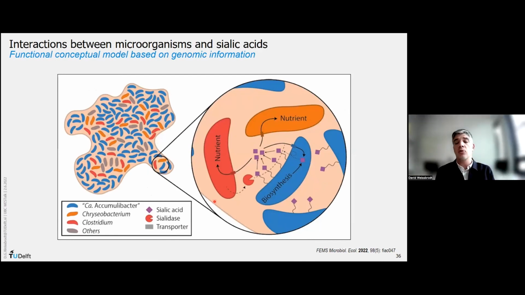So Sergio developed a conceptual model, based on his mass spectrometry analysis and protein analysis, about the activity of different organisms like Acinetobacter, but also other flanking populations like Chryseobacterium and Clostridium that are present in the biomass. Based on the genome and protein information, Acinetobacter can potentially produce this sialic acid, displayed in purple here.